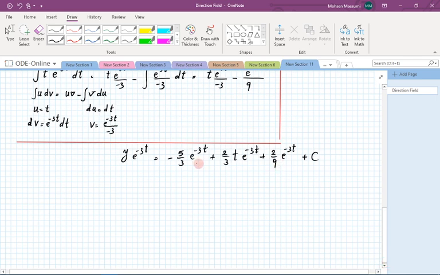I might as well combine these two. So y exponential of minus 3t is equal to, I have minus 5/3 plus 2/9 of exponential of minus 3t, plus 2/3 of t exponential of minus 3t and a constant.